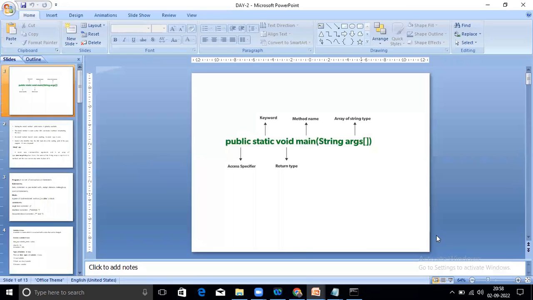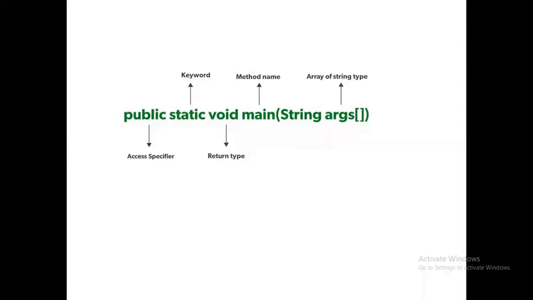Static is a keyword. Void is the return type. Main is the method name. String args is an array of string type. Every main method has to be written as public static void main String args.